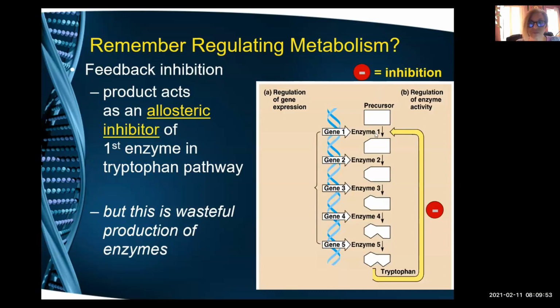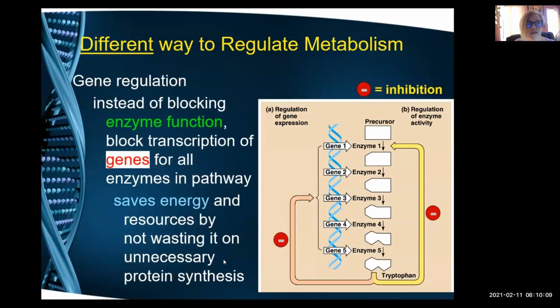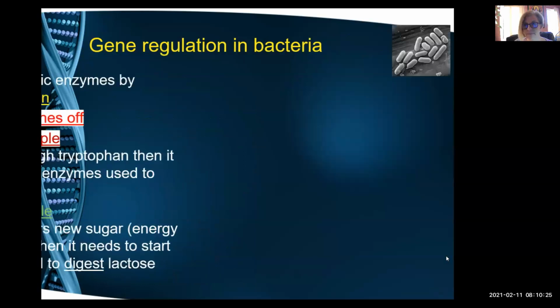In this synthesis reaction, we're building tryptophan. When we have more than enough, tryptophan comes back, acts as a regulator, binds allosterically to this enzyme, and stops production of the rest of the process. So instead of blocking an enzyme's function, we can regulate the genes at any point along the way. This is going to save energy and resources along the way.